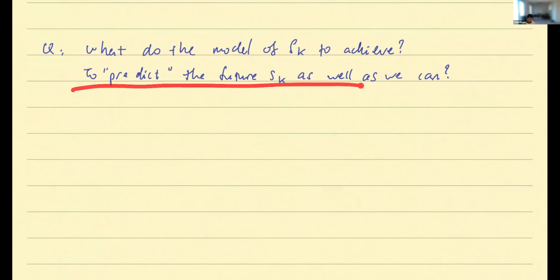But do you think that in the context of pricing, you want your model to predict the future stock price as well as you can? Is that what we're trying to achieve here? Yes or no?